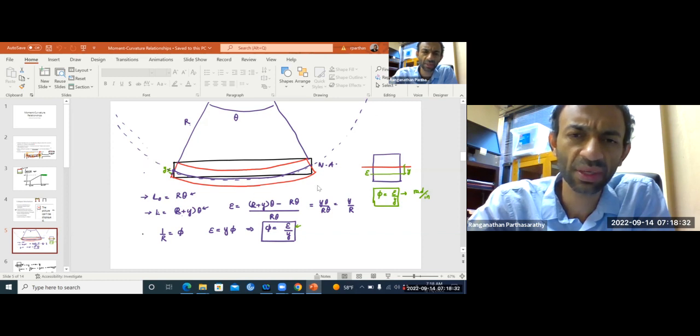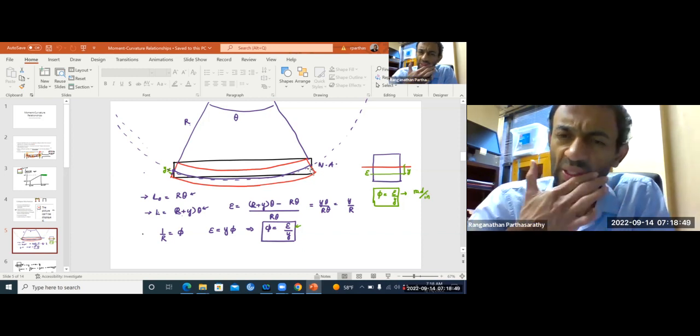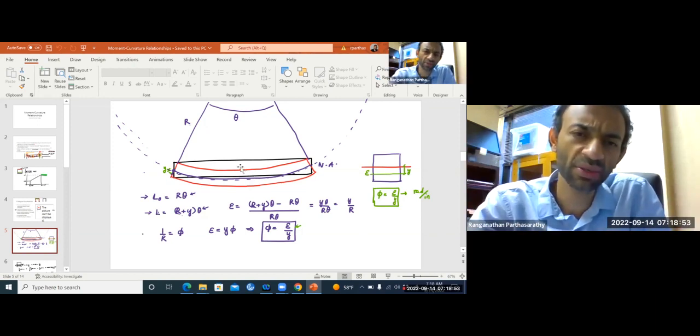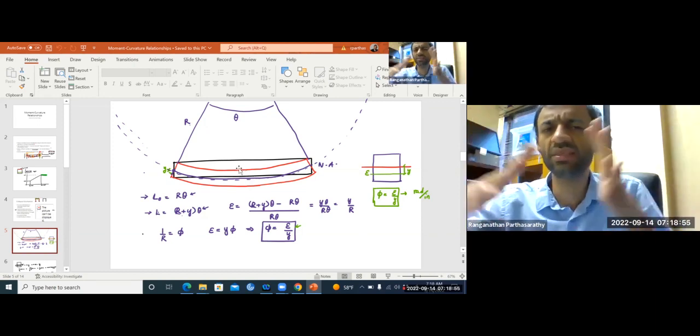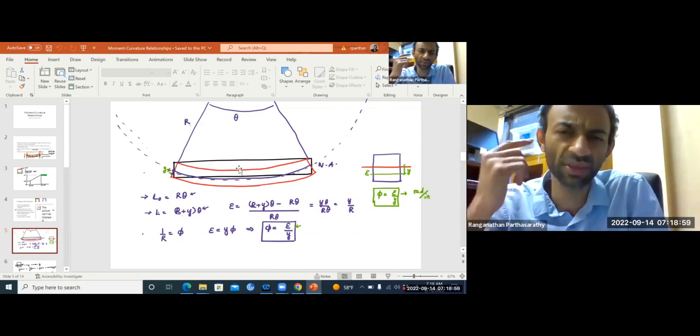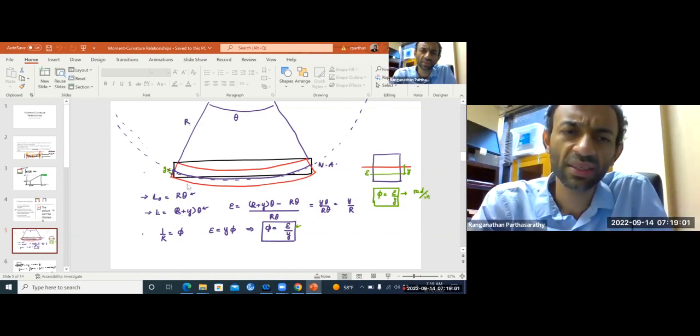You take this beam as being part of a large circle, and this beam is an arc which is subtending an angle theta at the center of that circle. This purple line that you see is the neutral axis, and this does not change in length when you bend your beam, right? Everything above the neutral axis gets compressed, and everything below gets stretched out. We know all of this from classical beam bending.